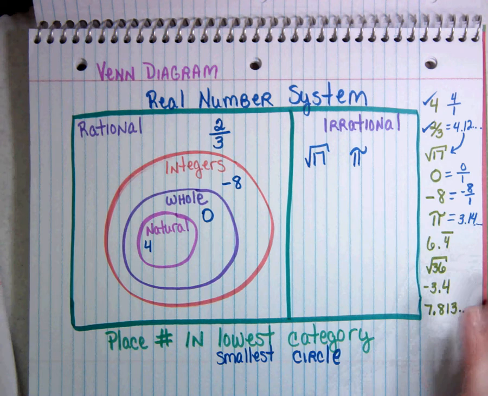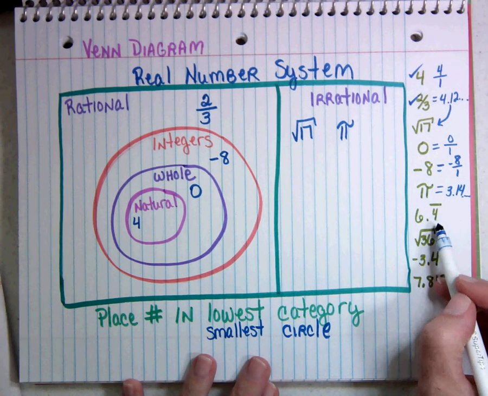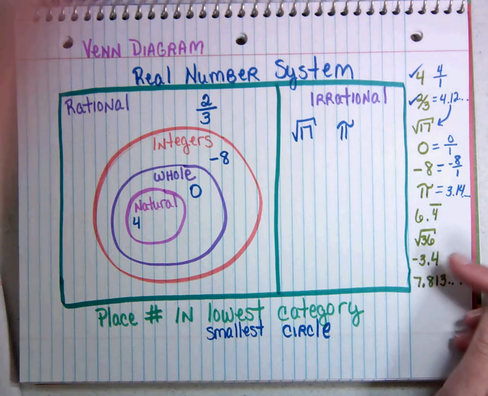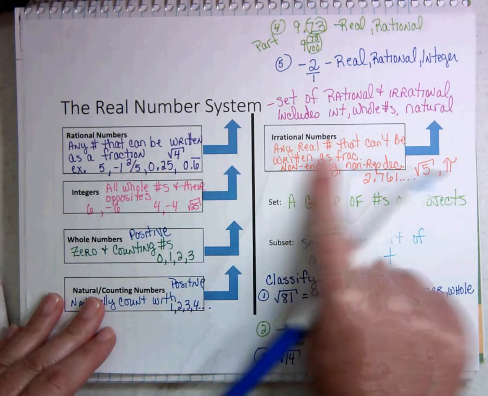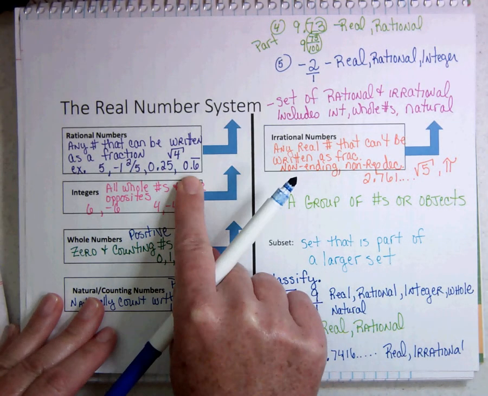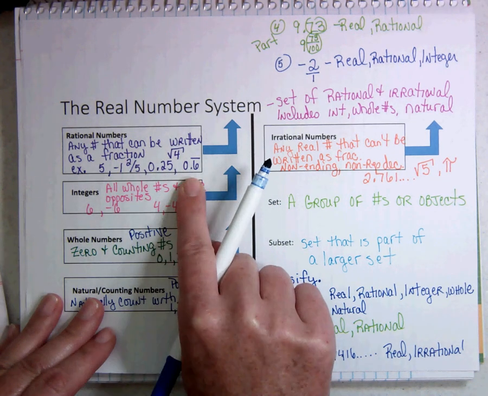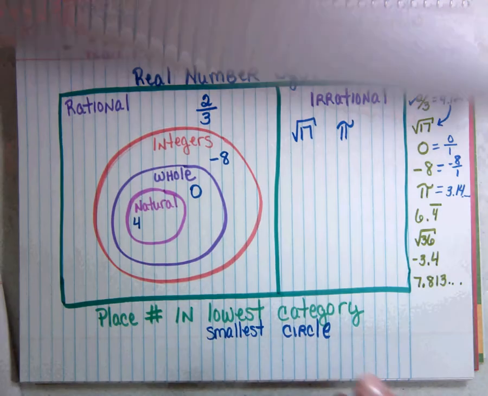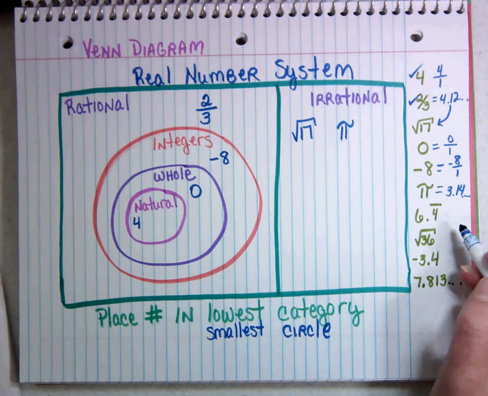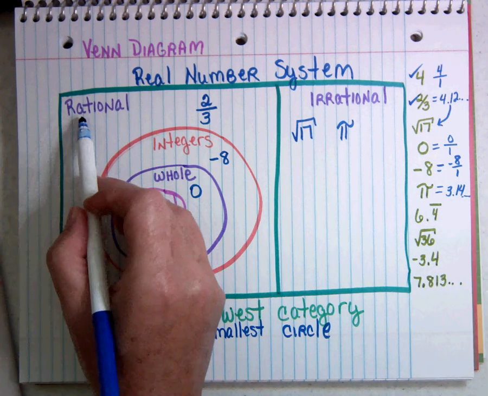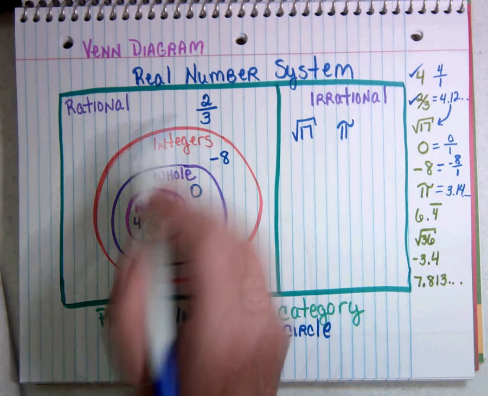Okay, the next one, 6.4 repeating. Repeating decimals are a little bit tricky, and I don't know if you wrote it down in your notes, but I wrote an example that repeating decimals are rational because you actually can write it as a fraction. So 6.4 repeating, we can write as a fraction, so it goes on the rational side.